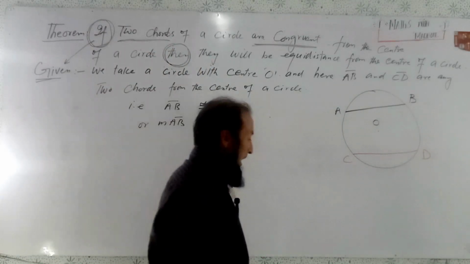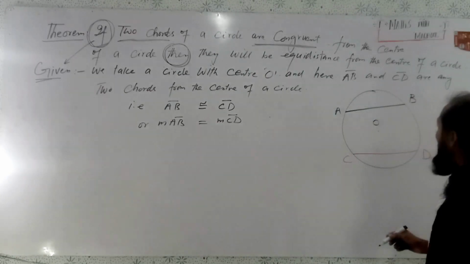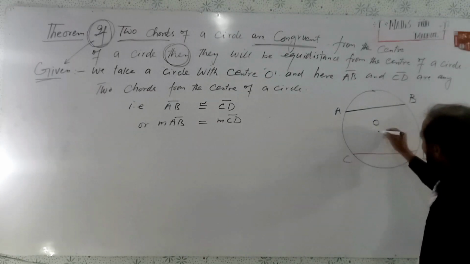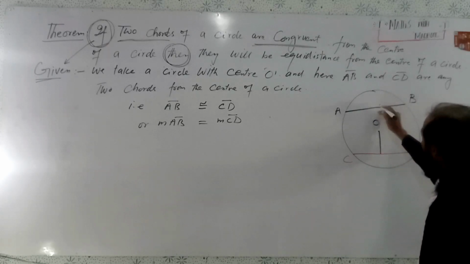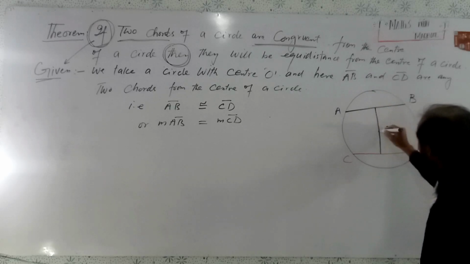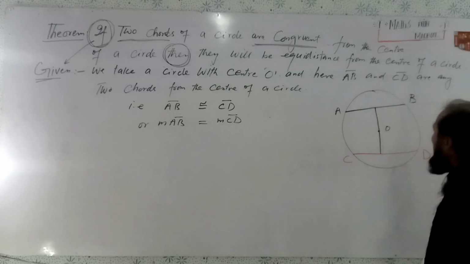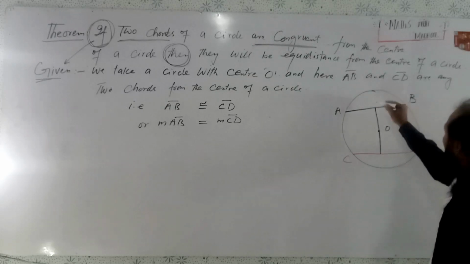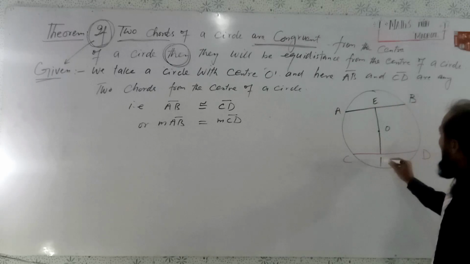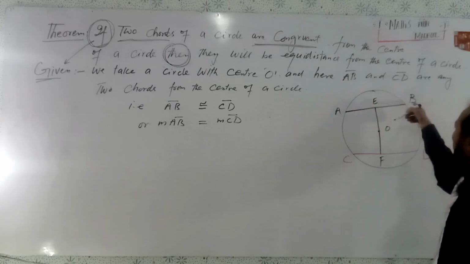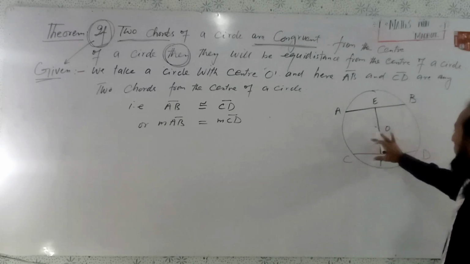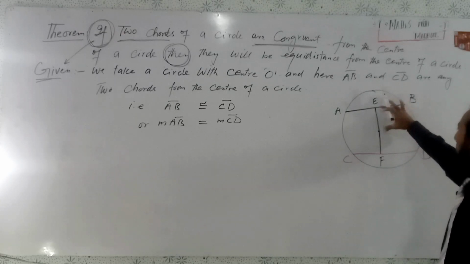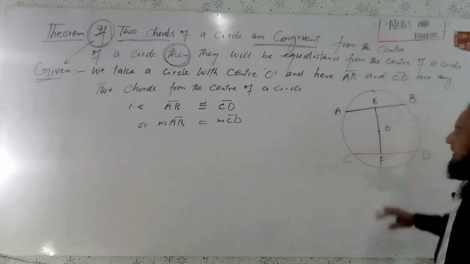That means we draw one perpendicular line, and another, from the same center. E and F: E is the midpoint of AB and F is the midpoint of CD. OF is perpendicular to chord CD and OE is perpendicular to chord AB.